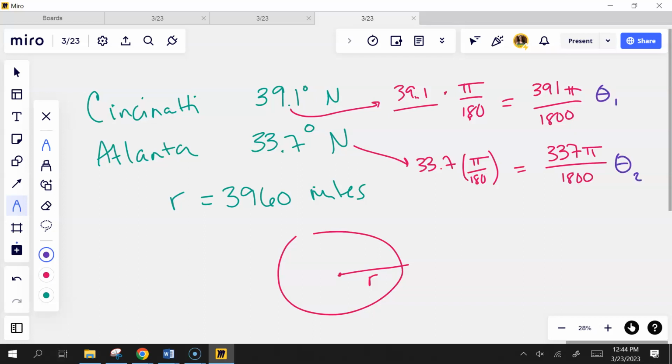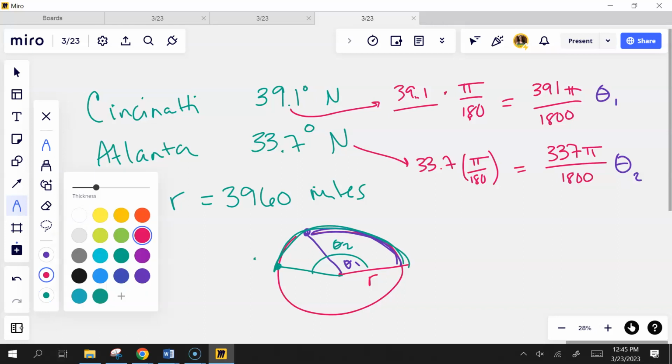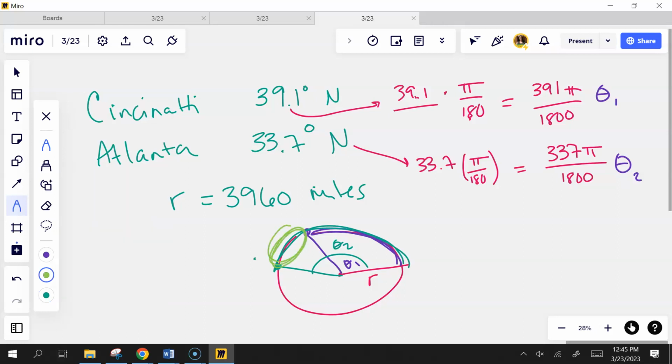So here's Cincinnati, this is theta sub 1, and here is theta sub 2. The arc length of this one is going to be here, and the arc length of this one is going to be all the way around. How do I find how far apart? There you go. This distance is going to be the difference of the two.